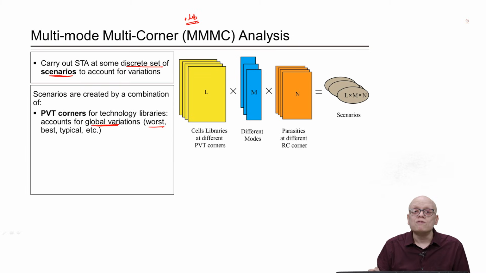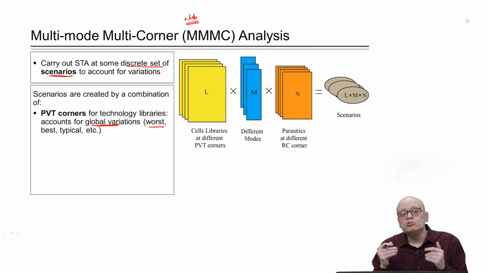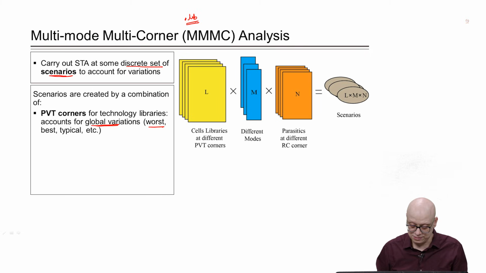Similarly, there can be a library for the best case, or a library for the typical case. So, there will be a set of libraries for different corners, and we use those to derive the scenarios. How we will derive the scenario, we will just see, and then do the timing analysis.